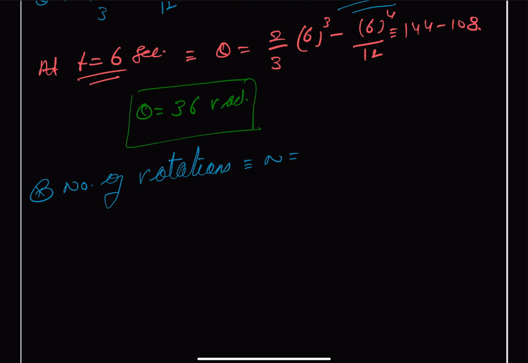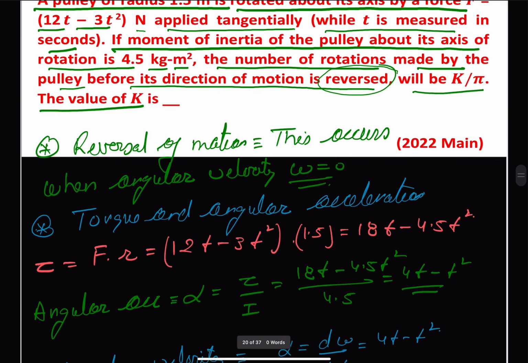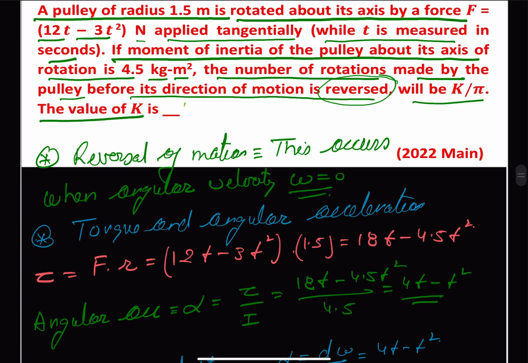So we can say this N will be equal to theta upon 2 pi, and theta is 36 and this is 2 pi, giving us 18 upon pi. And we are given this is equal to k upon pi. Therefore, the value of k is 18. Value of k is 18.